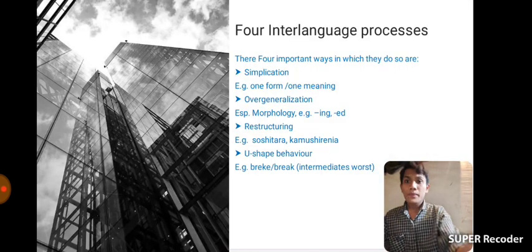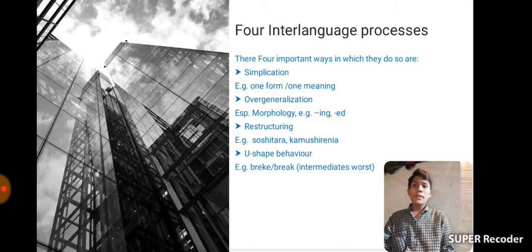Next, interlanguage processes. There are four important ways in which they do so. Number one, simplification. Example given: one form or one meaning. Second is overgeneralization of morphology.